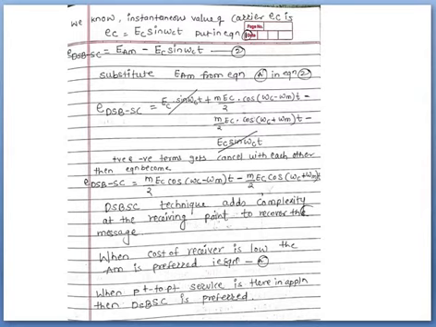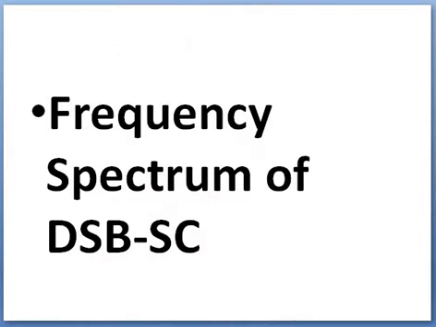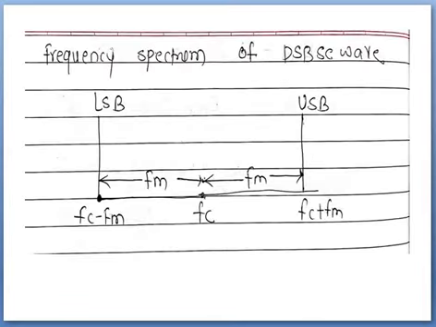Next, frequency spectrum of DSB SC, which is shown in this frequency spectrum. Only LSB and USB spikes are shown, suppressing the carrier frequency.